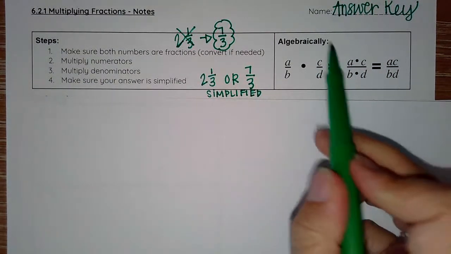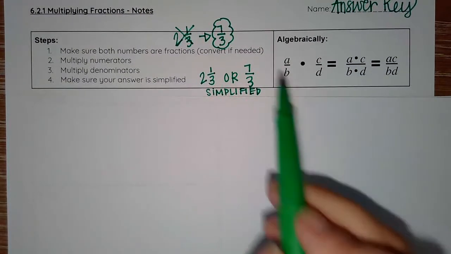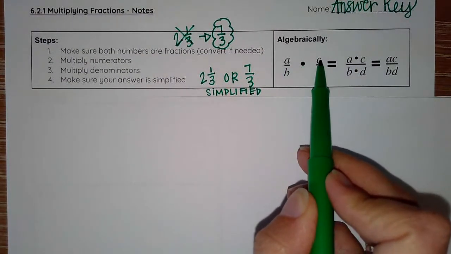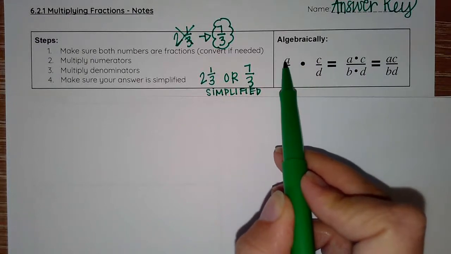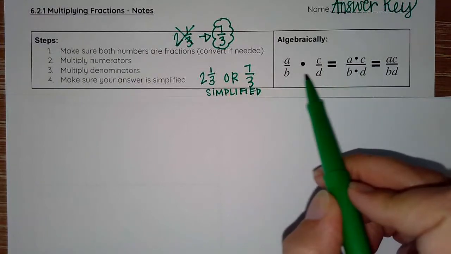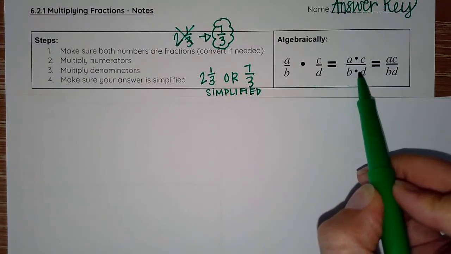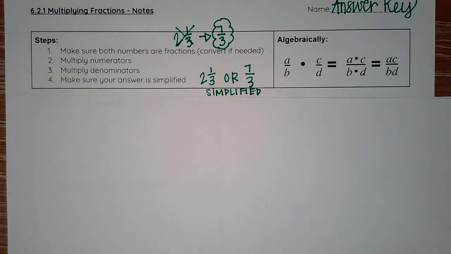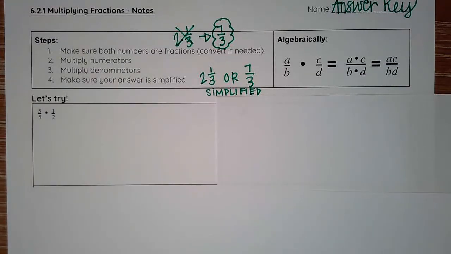So if we looked at that algebraically here, I have fraction A/B multiplied by fraction C/D. Now I just multiply straight across, A times C, multiply those denominators straight across, B times D, getting me AC/BD. Let's take a look at that with numbers.